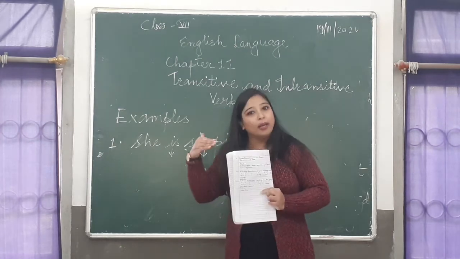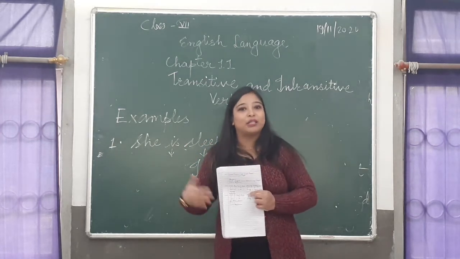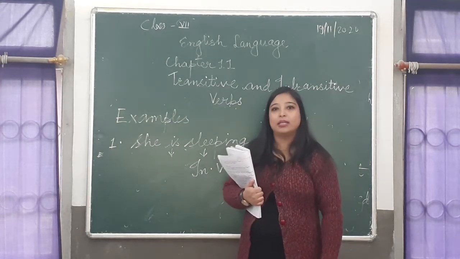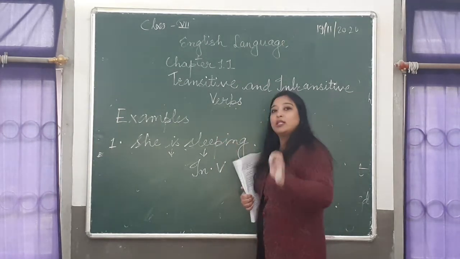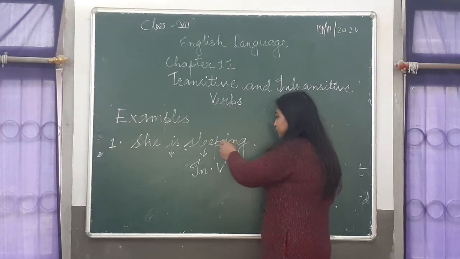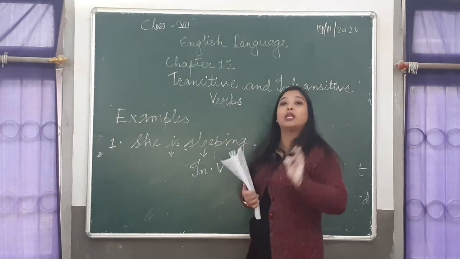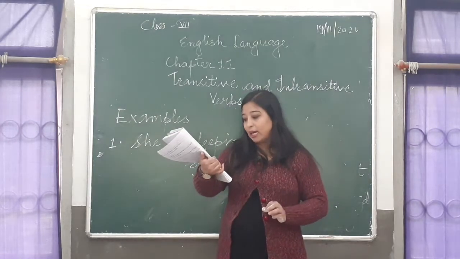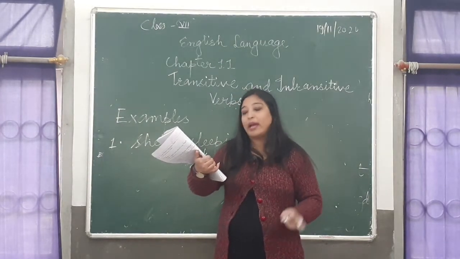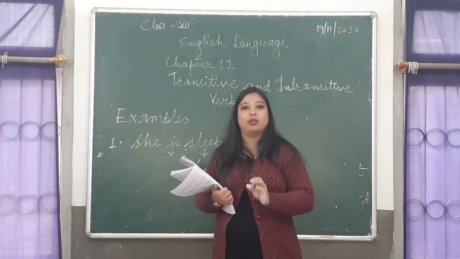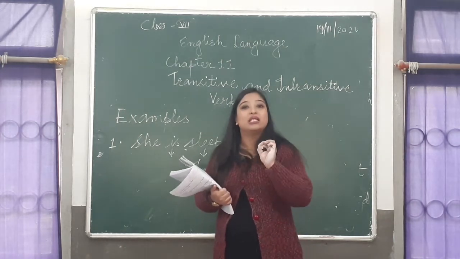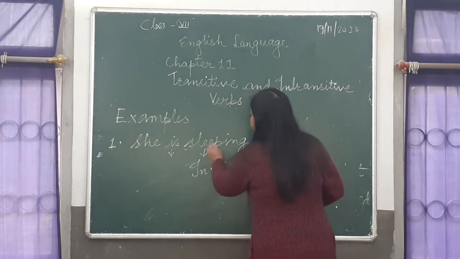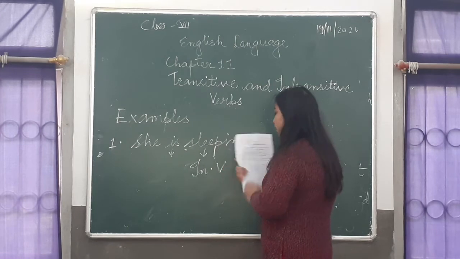When an action does not require a direct object to receive that action or to understand the meaning of that sentence, it is known as an intransitive verb. So, this sleeping over here is an intransitive verb.